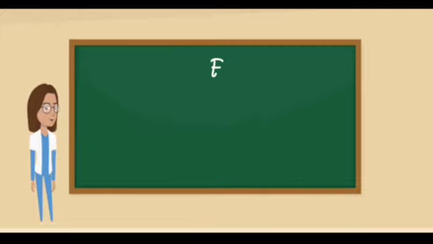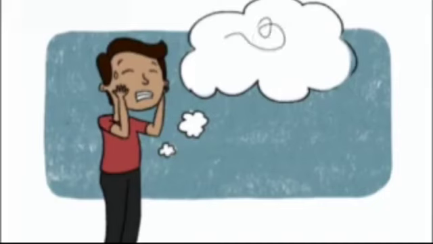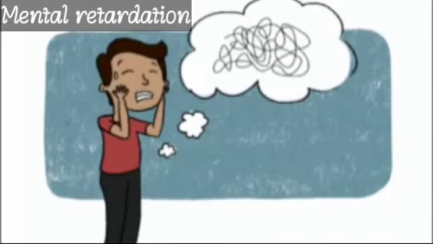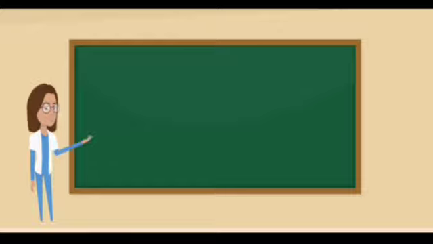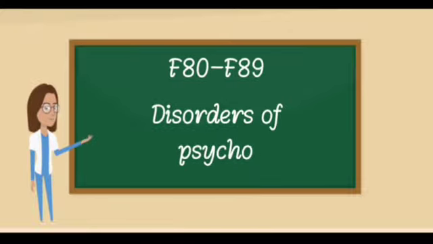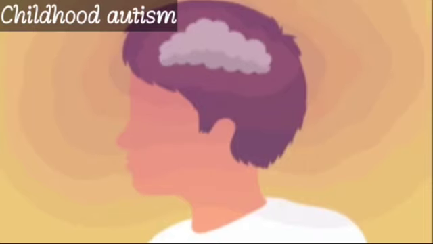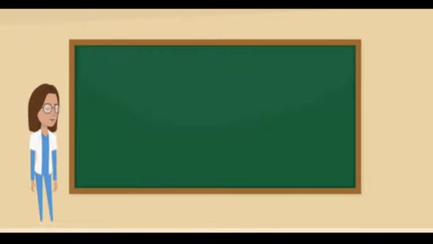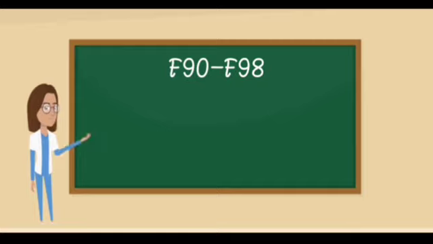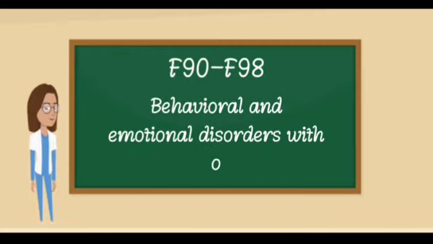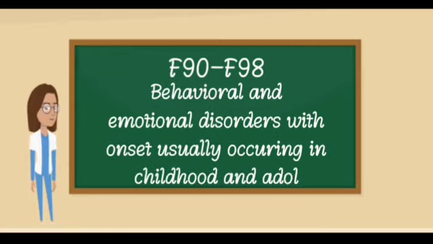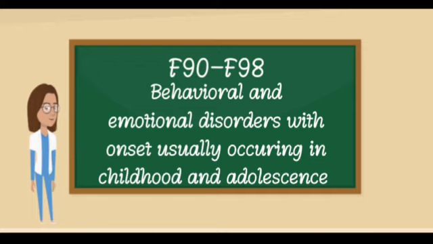Then there is F70 to F79, which has mental retardation. And then comes F80 to F89, disorders of psychological development. It constitutes childhood autism. Then one more, that is F90 to F98, which has behavioral and emotional disorders with onset usually occurring in childhood and adolescence.